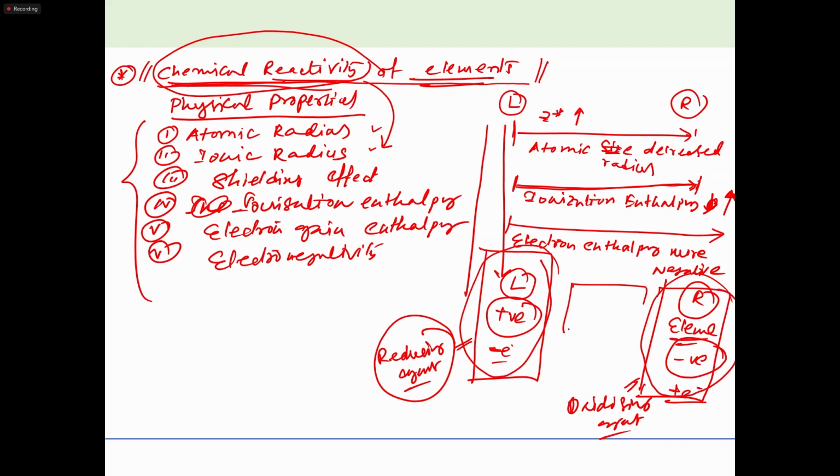But the central elements have very, very low reactivity. Whatever elements are in the center, their reactivity is very low. But on the left side and the right side, the activity is high. So the pattern will be different, because here it acts as a reducing agent.